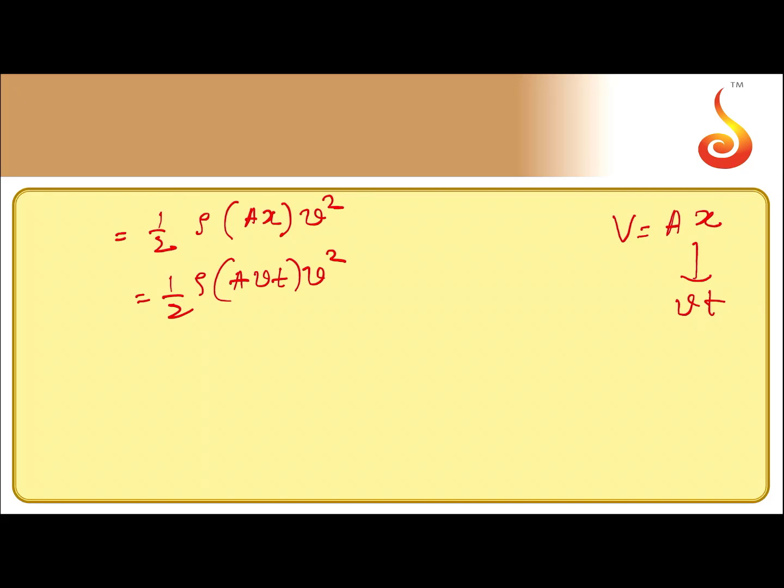Rho A v t, so this becomes half rho A v cube into t. So the kinetic energy of the air which is striking is half rho A v cube into t. Remember, t is the time over which the air strikes the windmill blade.